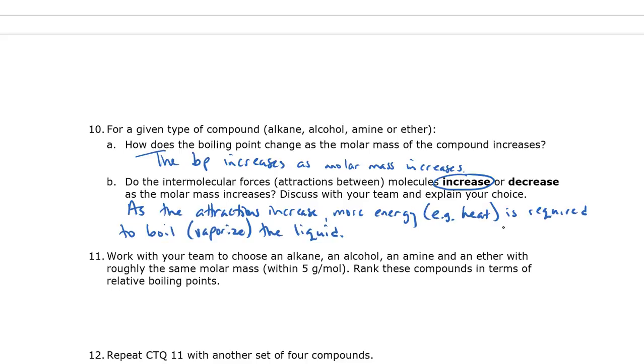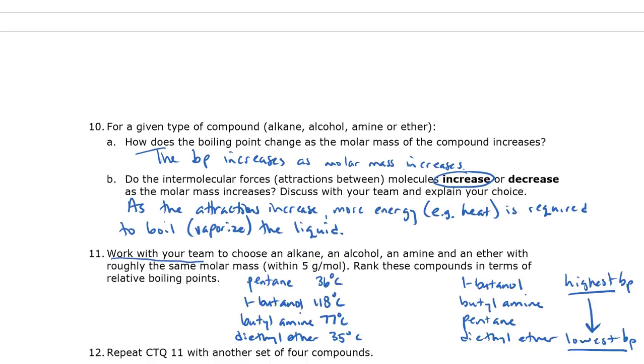All right. So, working with your partner or alone, choose one alkane, one alcohol, one amine, and one ether that have about the same molar mass, and rank them in terms of relative boiling points. So write your 4 compounds and then rank them. Pause now. All right, so I picked pentane, 1-butanol, butylamine, and diethyl ether.